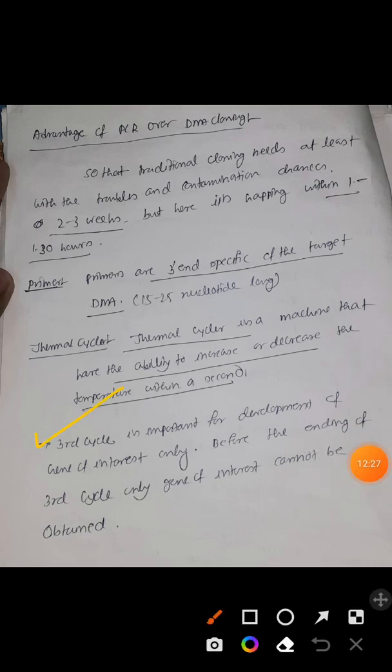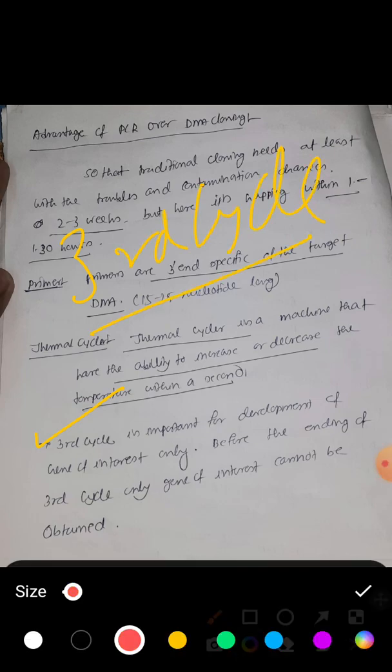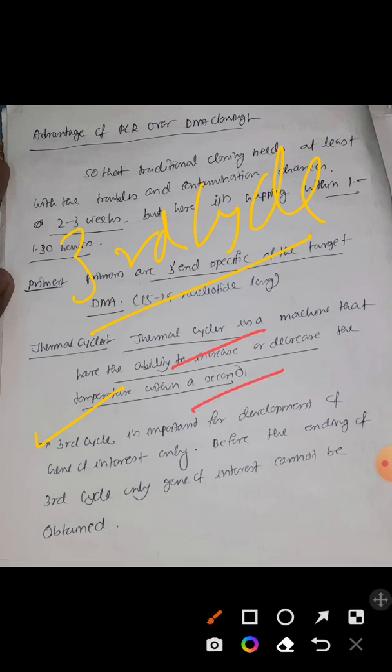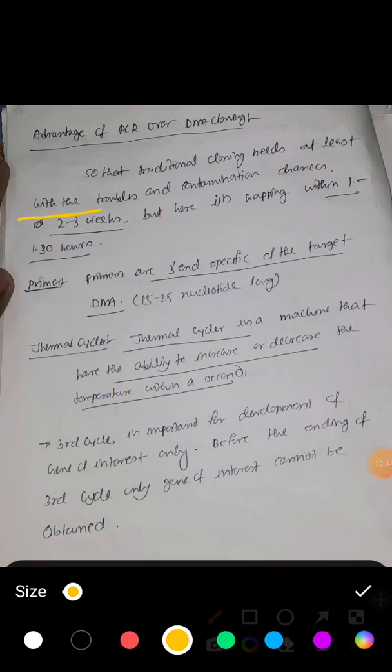Another important thing for a short question: after the third cycle of PCR, you can have a purified gene of interest in its amplified version. What does it mean? Remember, you use the PCR technique when your double-stranded DNA molecule is something like this, right? The yellow part is the unwanted DNA source, and among it your gene of interest is also present.